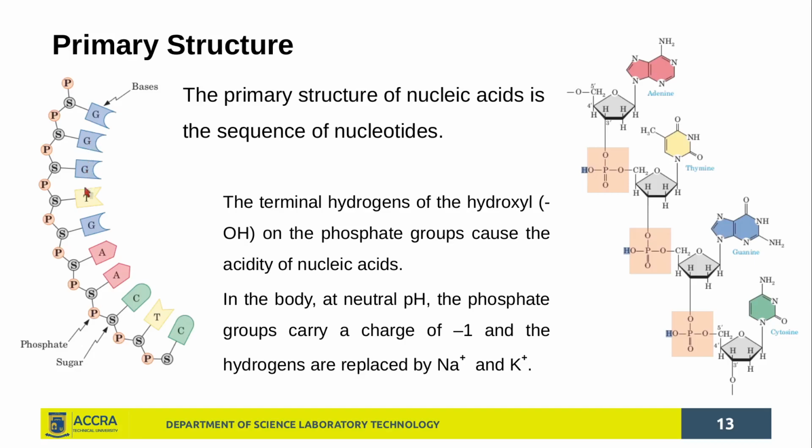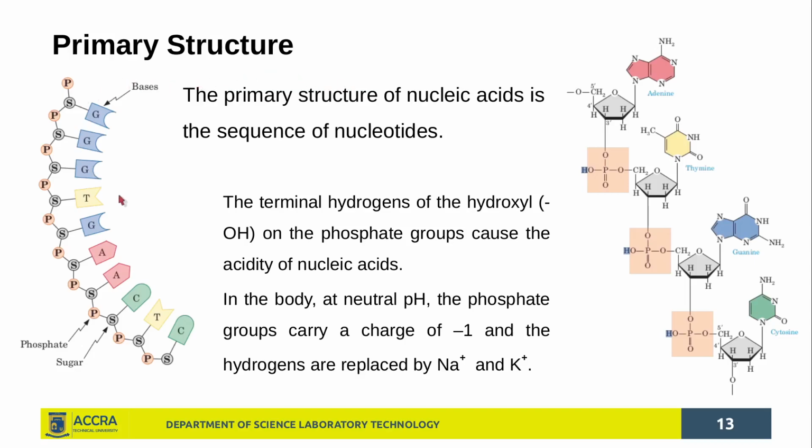Then it's bonded to thymine, it's bonded to guanine, it's bonded to adenosine, cytidine, thymidine, another cytidine. Now, when you are talking about the structure of nucleic acid, such that what you are referring to is the sequence of the nucleotides that are bonded one after the other, what you are talking about is the primary structure of nucleic acids.